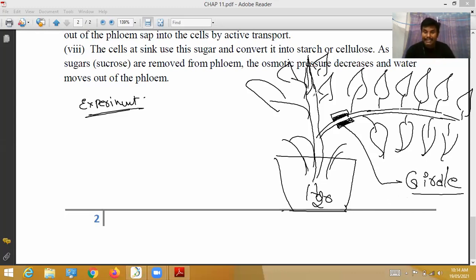If you keep this entire setup aside for 10 to 15 days, this region develops a bulge or swelling.